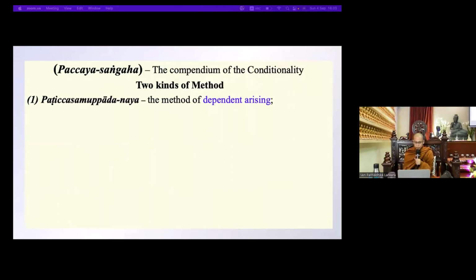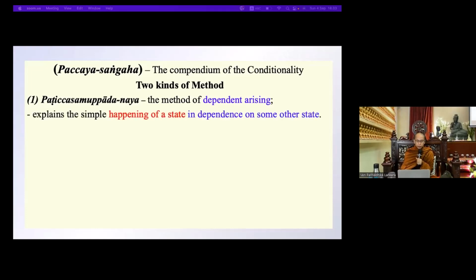The teaching of Paticca Samuppada is already well known. Buddhism makes itself different from other religions based upon this teaching of Paticca Samuppada, dependent arising or dependent origination. And the second method is Patthana Naya, the method of conditional relation.